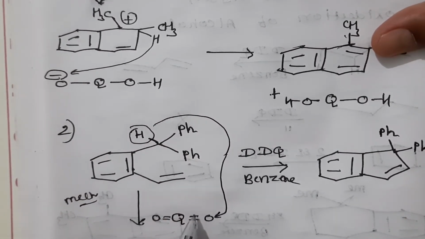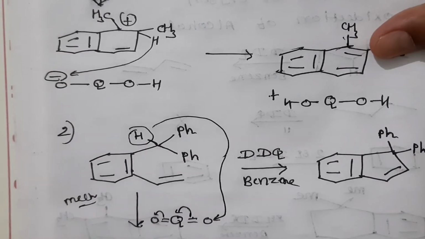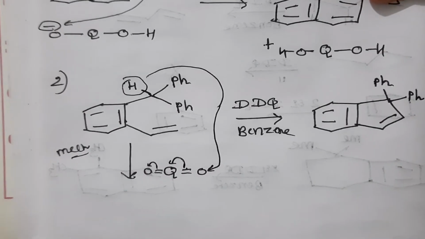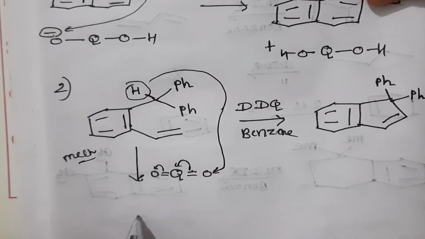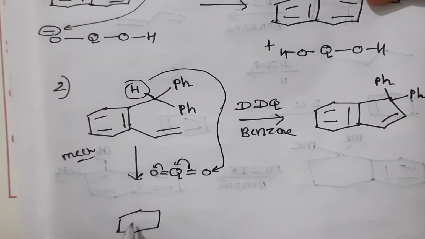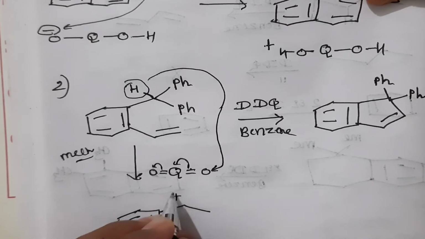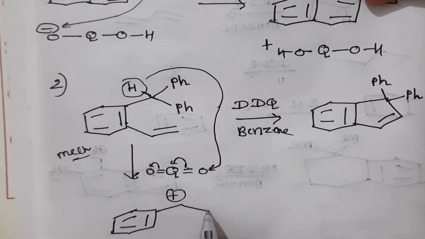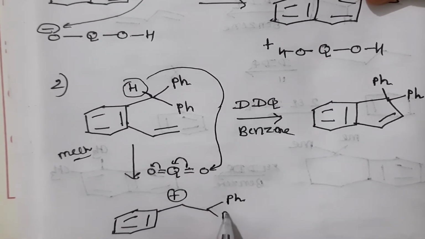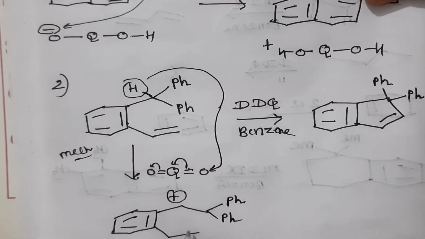This bond is shifted here and this bond is again shifted here. So what we get? We get this type of structure. Here positive charge is generated, two phenyl rings are there, and here double bonds are there.